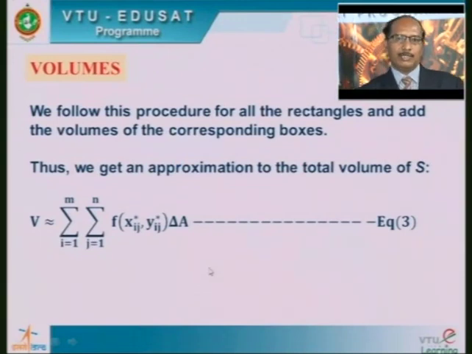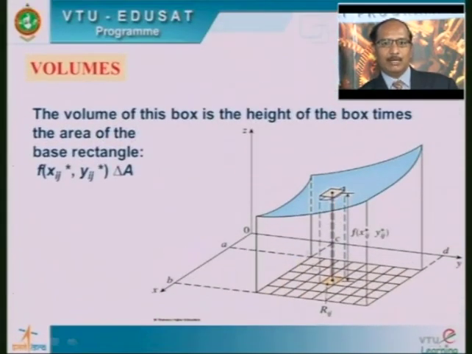Now we have taken only one small rectangular region and its height. Similarly, go for the other rectangles. There are so many sub-rectangles. You consider their bases and their heights.